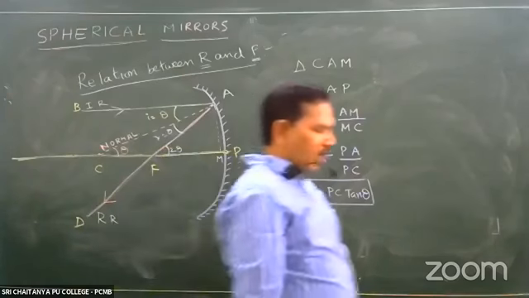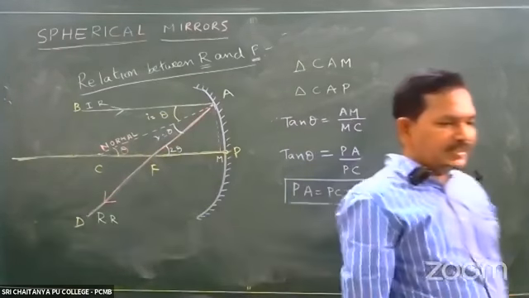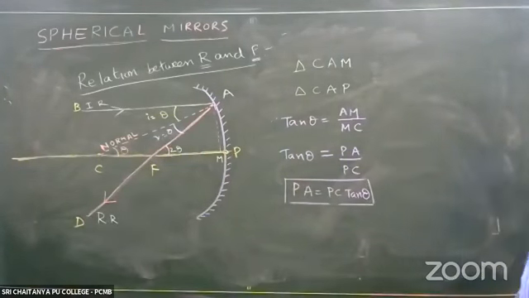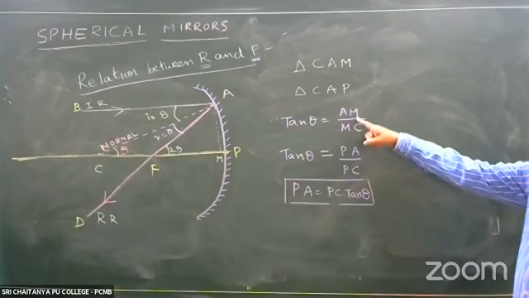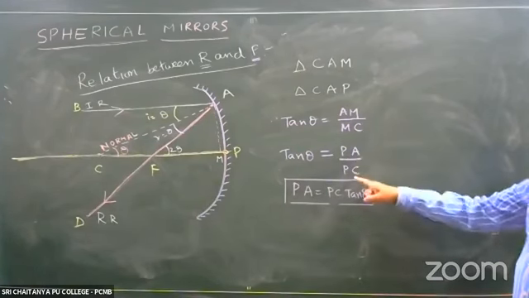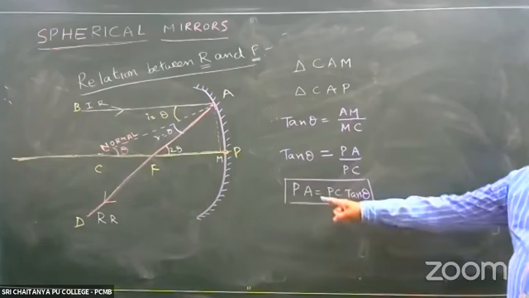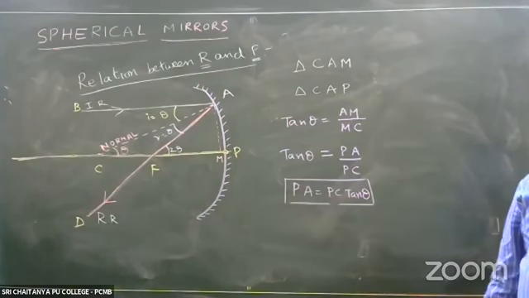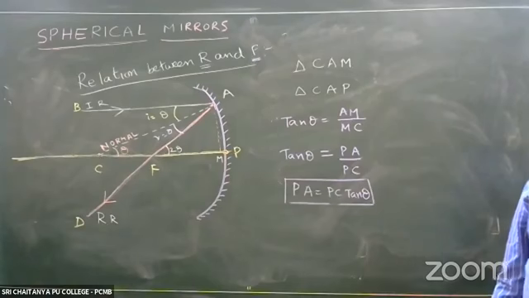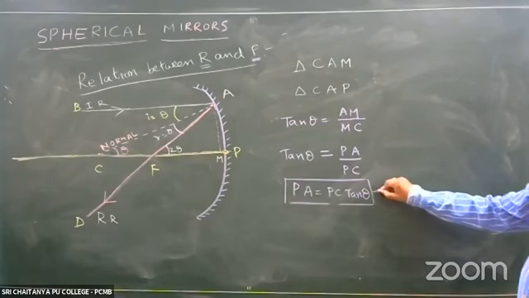So if we do cross multiplication, tan theta is equal to AM by MC. M is replaced by P, so PA by PC is tan theta. Cross multiplication: PA is equal to PC tan theta. Equation 1.